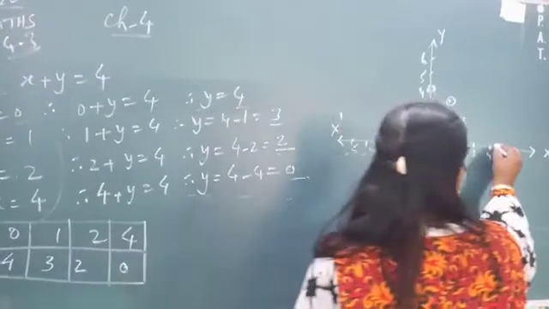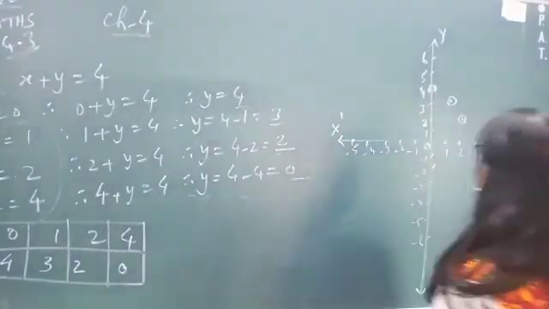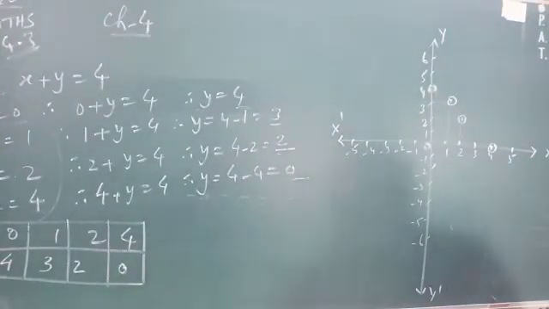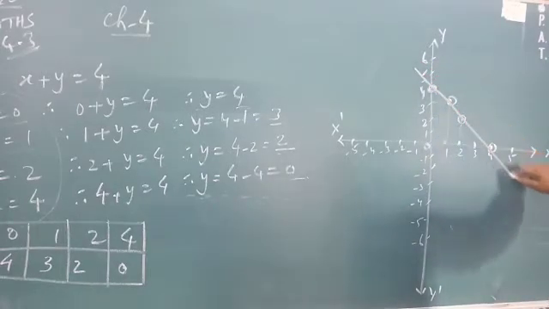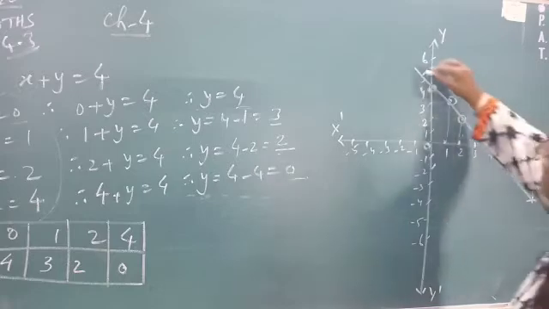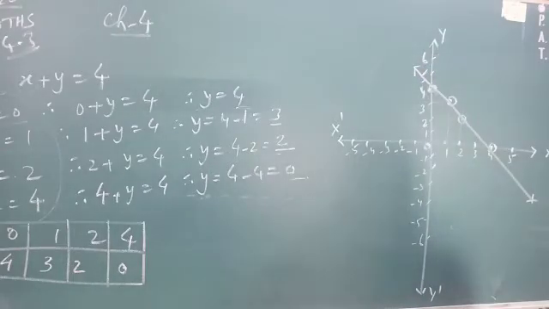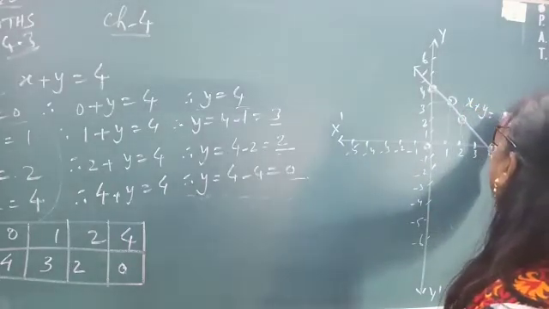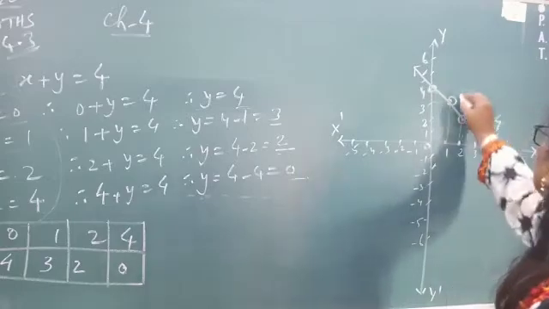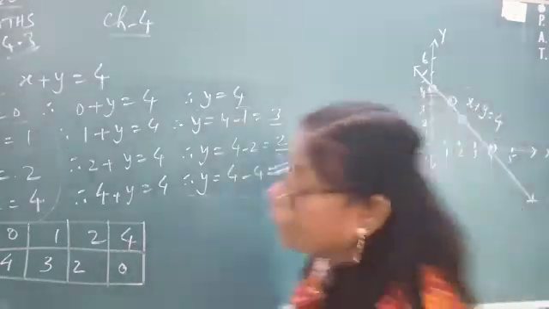Then 4, 0 means it will be on the x-axis itself. Now with the help of the scale you join all the points. So you will get a straight line, and this straight line joining all the points is the graph of the original equation, x plus y is 4.